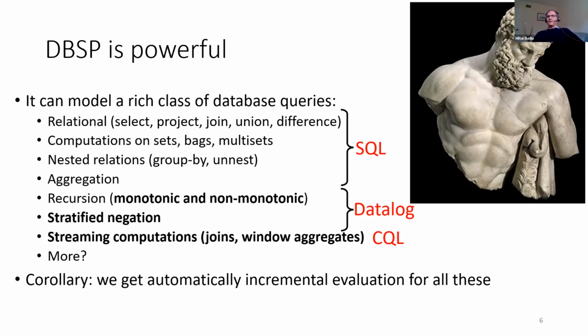This is all in the realm of SQL, but we can also do recursion, monotonic and non-monotonic, like Datalog does. We can do stratified negation. And we can also express streaming computations, like joins or window aggregates, like languages like SQL. And the beauty is, because we have this algorithm which incrementalizes any query written in DBSP, we can automatically get incremental view maintenance for any query written in any of these languages.